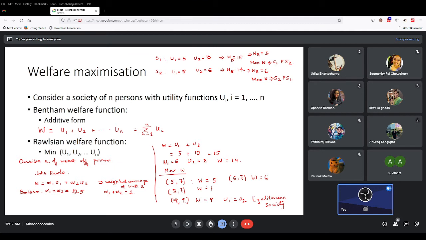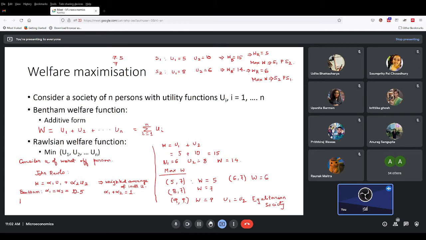You have to take half, right? So this is 2.5 and this is 10, it's 5. So it's 7.5. In the second case, you have to add 4 and 3. So it's 7. So which is better? Again, S1 is preferred to S2. So as long as the weights are similar, it doesn't matter what the weights are. So that is why you should take 0.5.